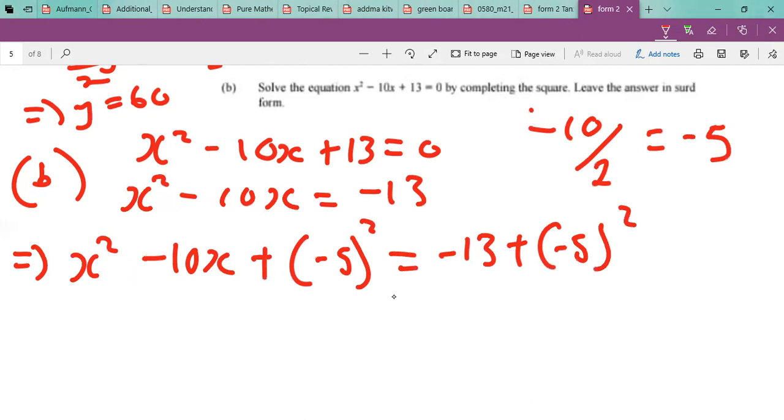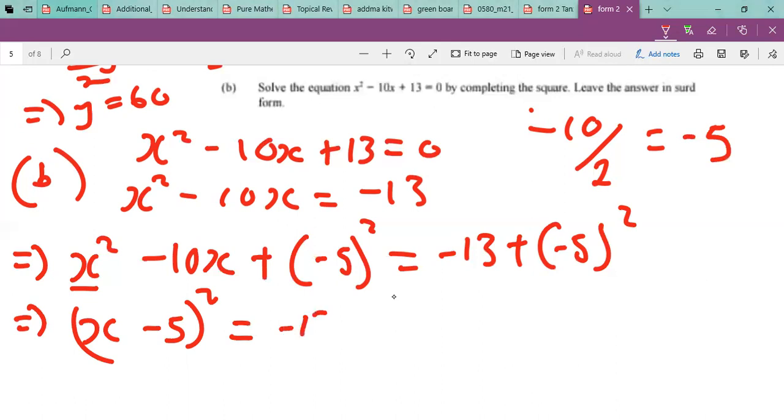This implies that you have got x minus 5 squared. You deal with this part and this part that have squares. So this will be equal to negative 13 plus the square of negative 5, which is 25.